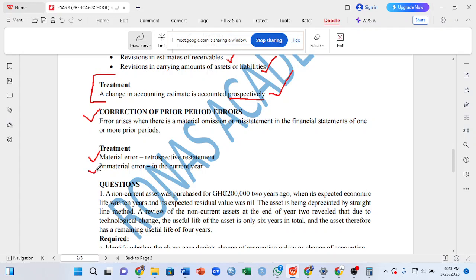But in a case where the error relates to your current reporting period, this year, and by God's grace you're able to identify it within the year, just go back and correct that error in that year. So when an error is deemed material, meaning it relates to a prior period, make sure you do retrospective restatement. However, if the error relates to this year, correct that error in your current period. And that's all.